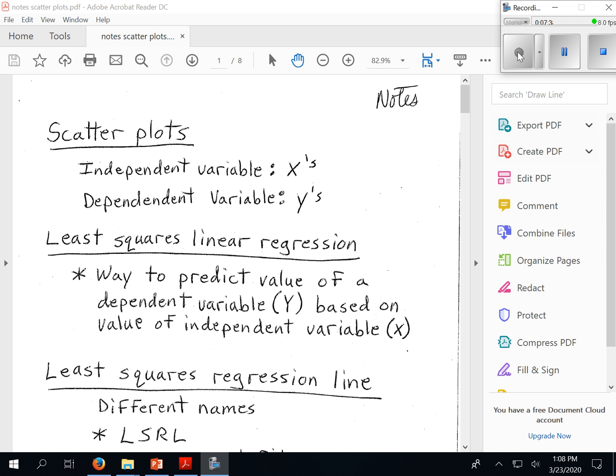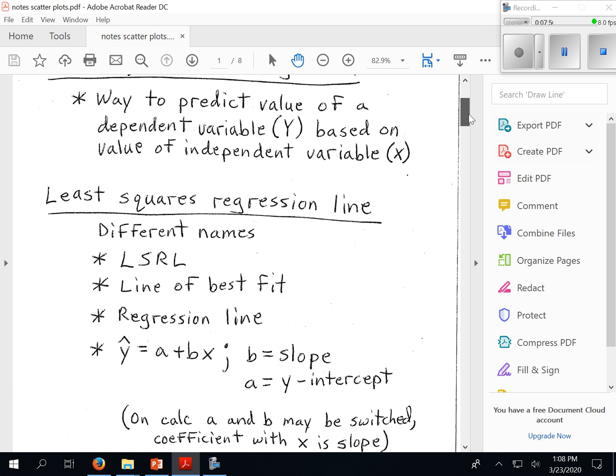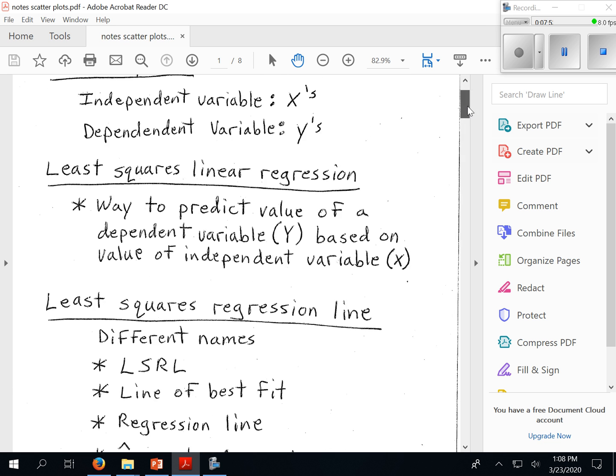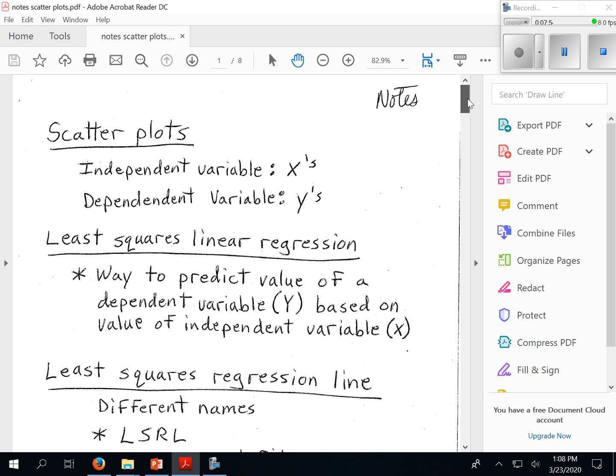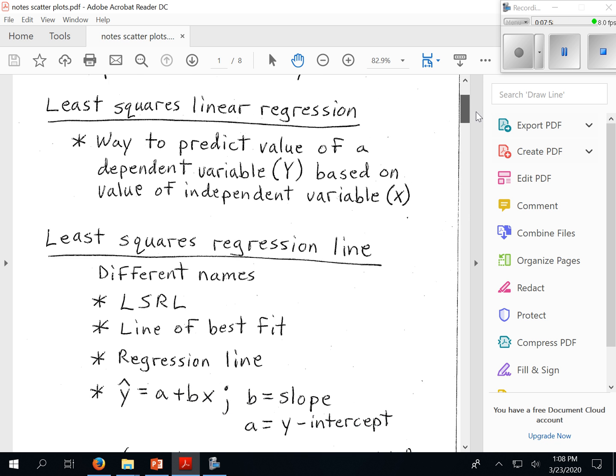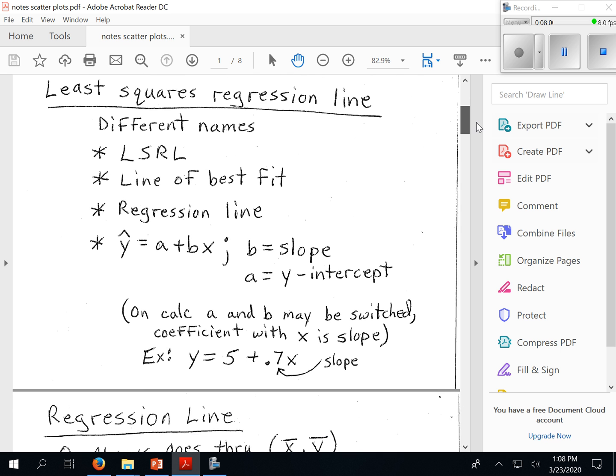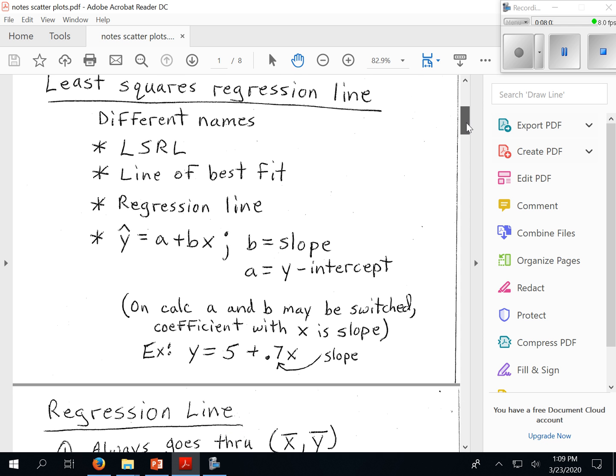All right, here I'm jumping to the notes just because I want to touch on a couple of things on the notes that I sent to you, or that were attached with everything. Again, it goes over scatter plots. Independent variable is X, dependent variable is Y, and then there's some other stuff here with line of best fit, or least squares regression line, so on and so on.